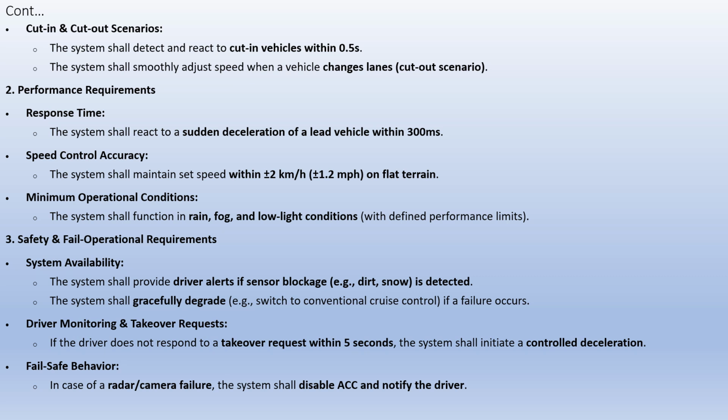Then you should be able to react within 300 milliseconds, and the system shall maintain the set speed plus or minus 2 km per hour on flat terrain. So this is the deviation. Suppose you have set the speed at 100 km per hour, then the cruising should always be between 102 km per hour and 98 km per hour on flat terrain. Now, flat terrain means any decent highway.